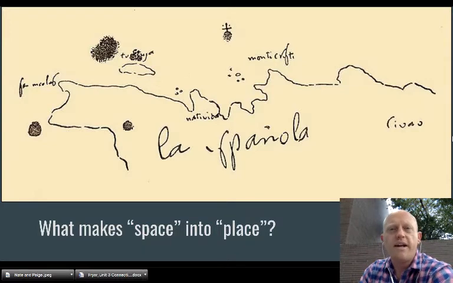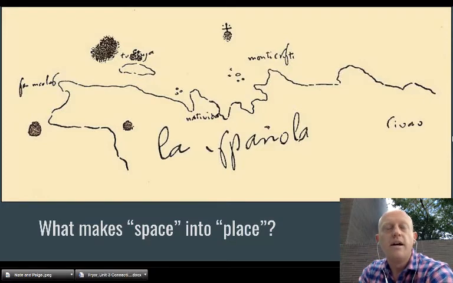So we define these things through our actions on a daily basis. We create places, we assign significance to places in our own lives for a variety of reasons. So geographers seek to study that and understand how and why we do that and what it means for relationships, for solving things like inequality, for understanding cultural norms and relations better.